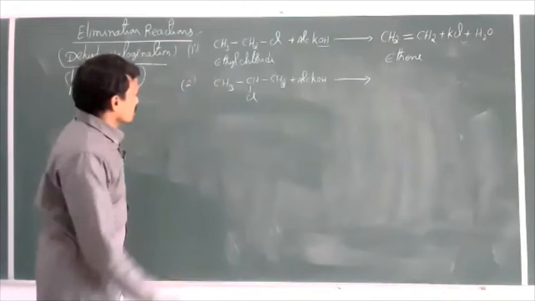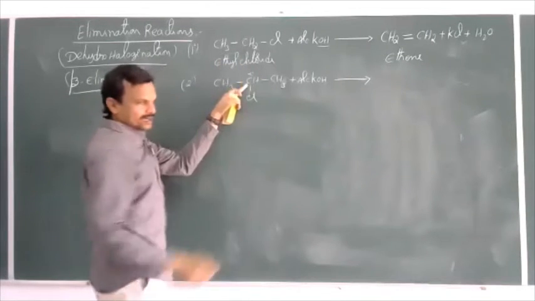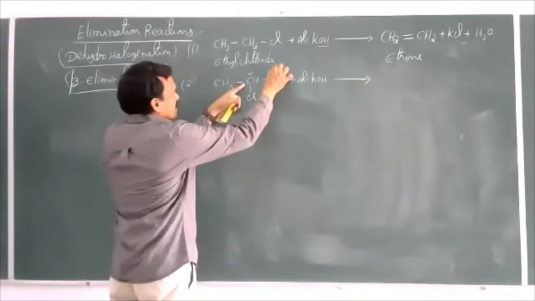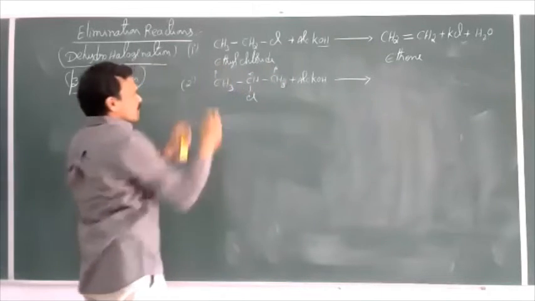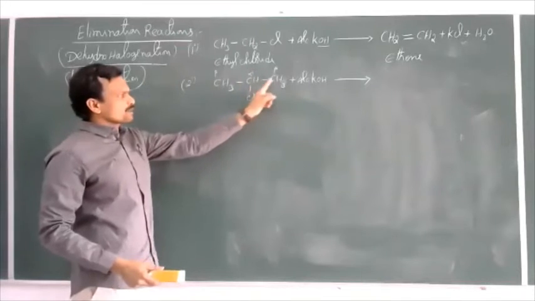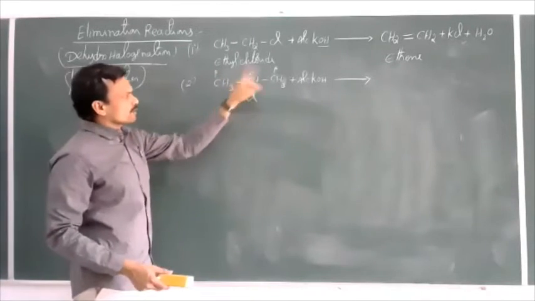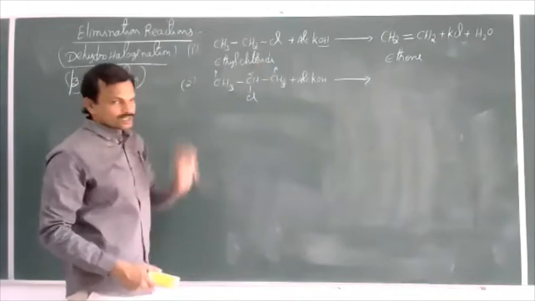What is beta elimination? See, the halogen-attached carbon is called the alpha carbon. The next carbons are called beta carbons. Here we have two beta carbons, but both beta carbons are exactly the same. Alpha carbon, next a methyl group is there; alpha carbon, next a methyl group is there. Both beta carbons are same.